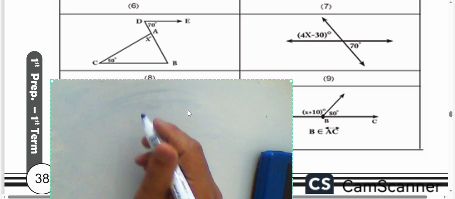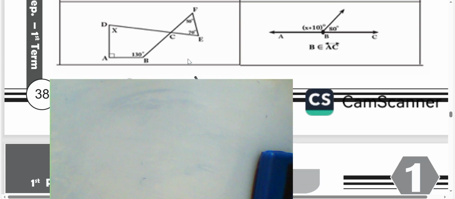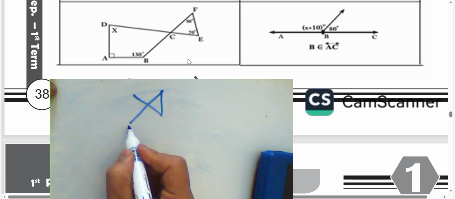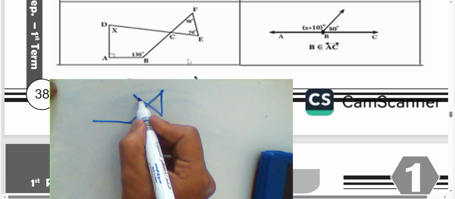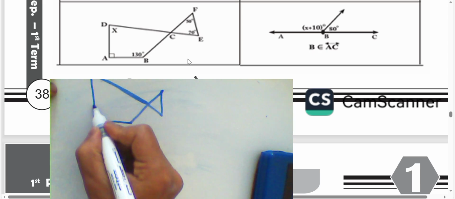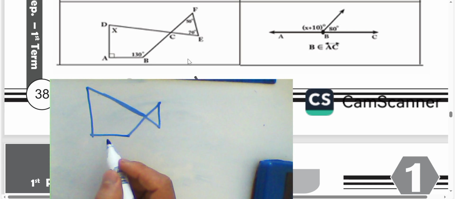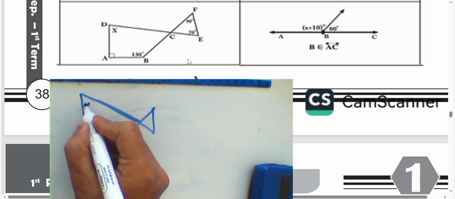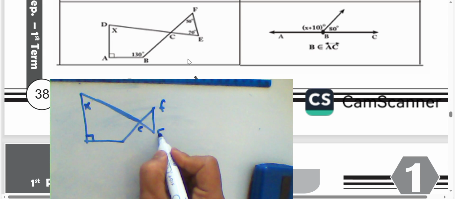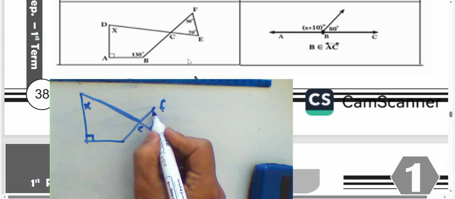Next question. We have this triangle, number 8. First step, we can find the vertical opposite angle here from this triangle. We have this angle right, and here x, and this C, F, E. This angle 70 and here 50.